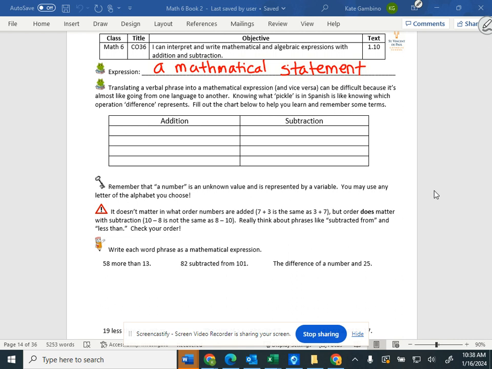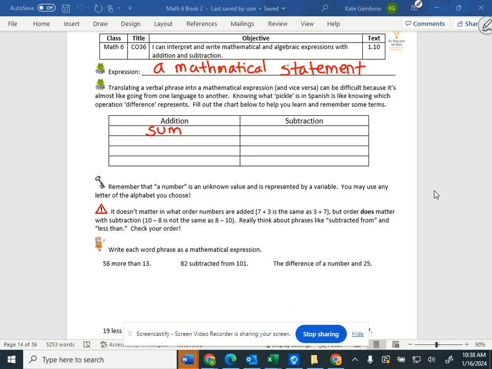If we're adding, for addition, there are different words that mean adding. When we read our word problems, we're looking for those key words to clue us in. Are we going to add or are we going to subtract? Does anybody know any words that mean add? Jimena? Sum. If it's asking you for the sum, we know we're going to be adding.